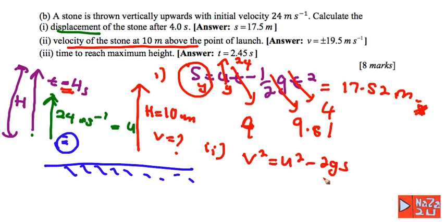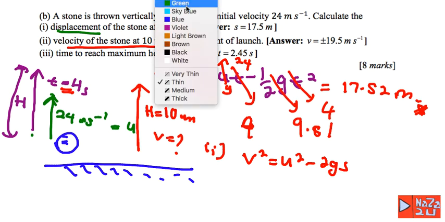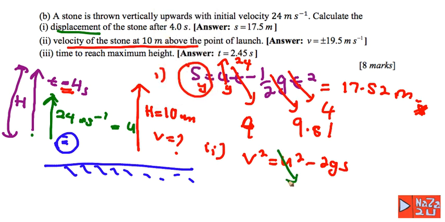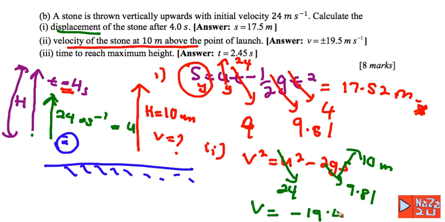Why use this equation? Because we have the value of u, which is given as 24 meters per second, and we have the displacement, when the height of the object from the ground is 10 meters, and g is the constant 9.81. Now you can find the speed at 10 meters from the ground, which is 19.49. We have a negative value here, meters per second, right?